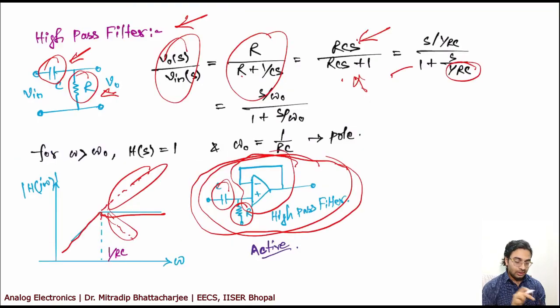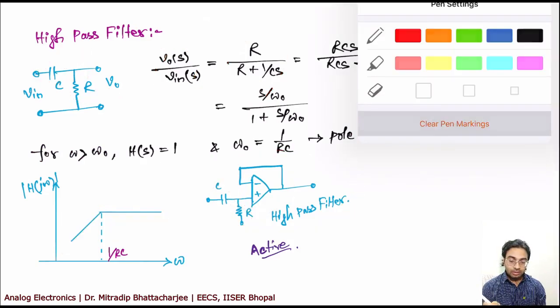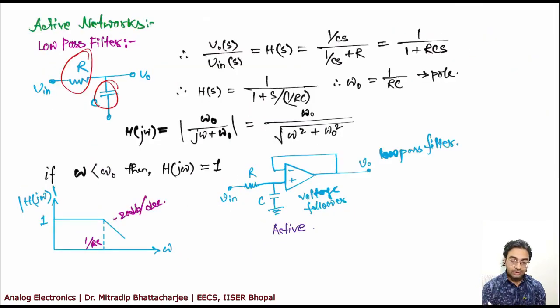Now if you see in this plot, or in case of a low pass filter, say if you want something close to an ideal case like this, you need multiple poles at this point.